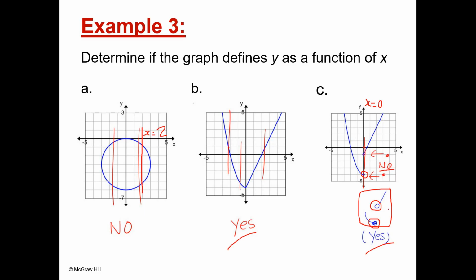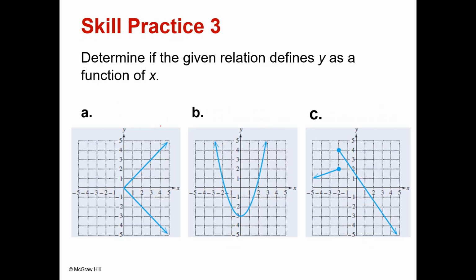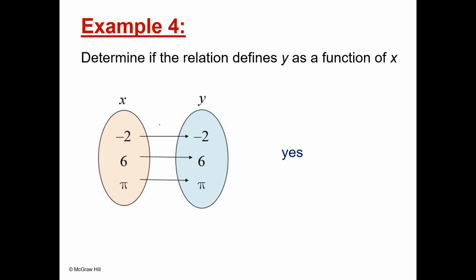We're going to use this type of notation a lot in our lectures. Determine if the relation defines y as a function of x in this example number 4. Since for each value of x there's a single value of y: for x equal to minus 2, y is equal to minus 2.